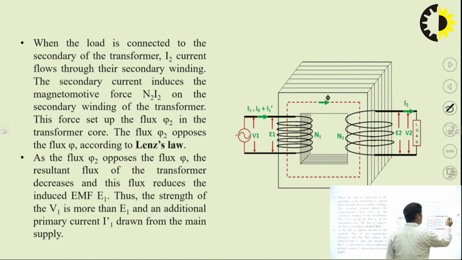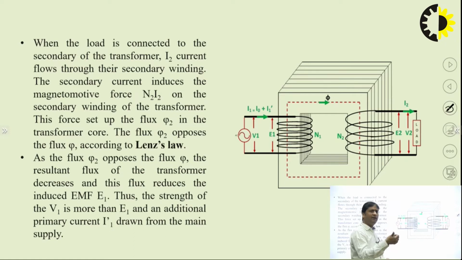But if the load is there, some voltage must be there and current will flow. Applying the right hand thumb rule, if the current is flowing, curl your hand like this, and you will see that the flux goes like this. The direction of flux is phi, which is constant throughout the core.